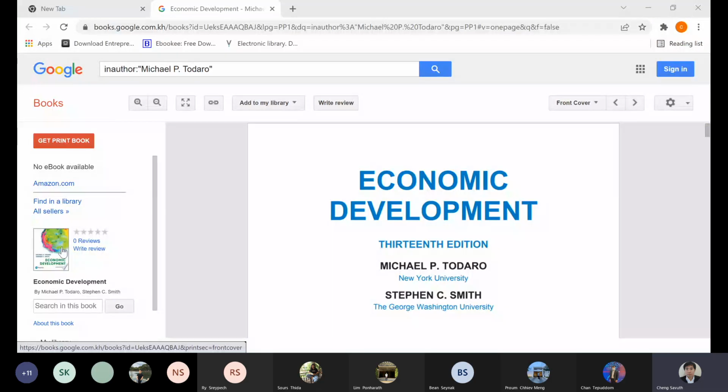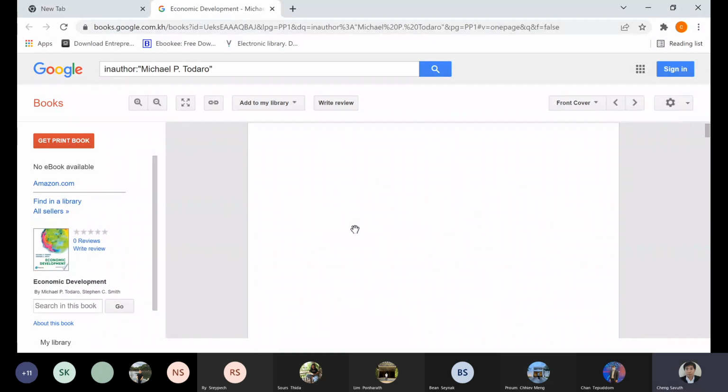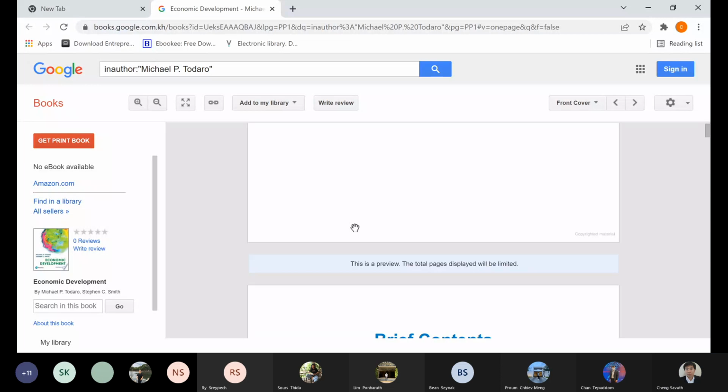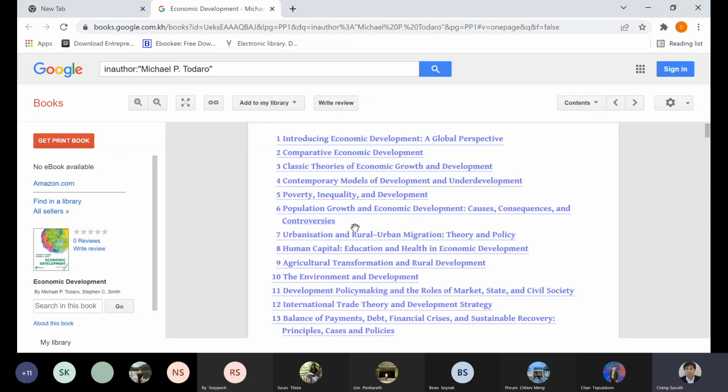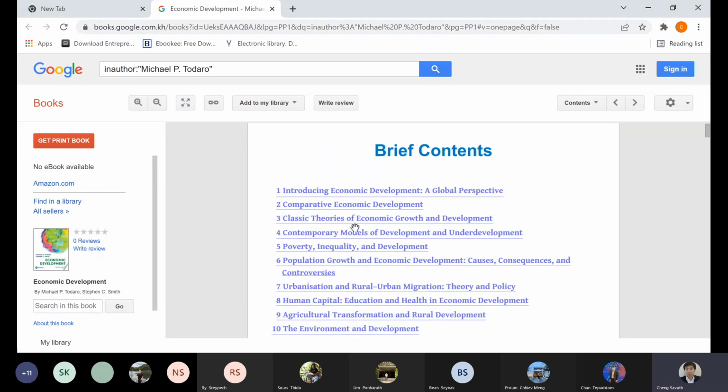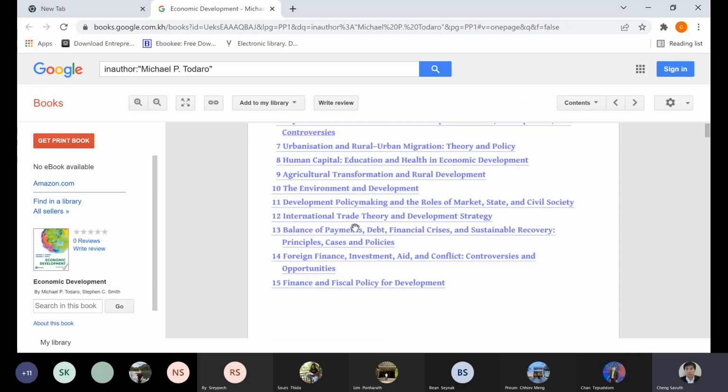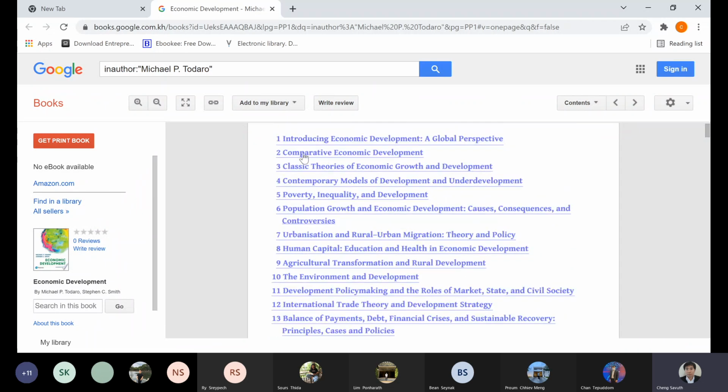So this is the book that we use, by Michael Todaro and Stephen Smith. The whole book can be separated into parts. You can see here chapter 1, chapter 2, chapter 3, chapter 4, and also chapter 5.